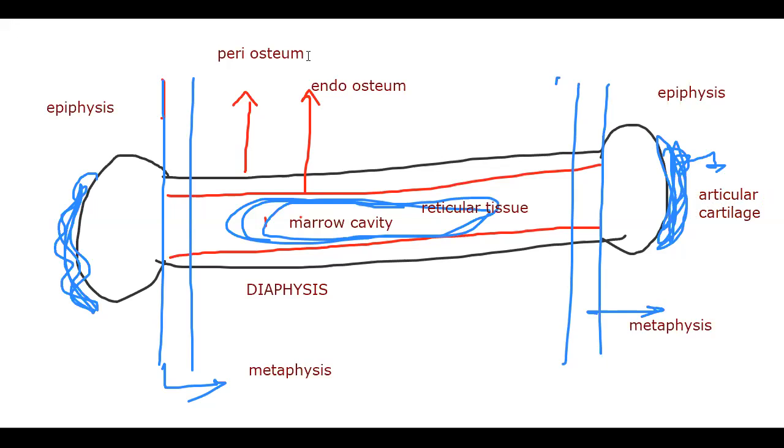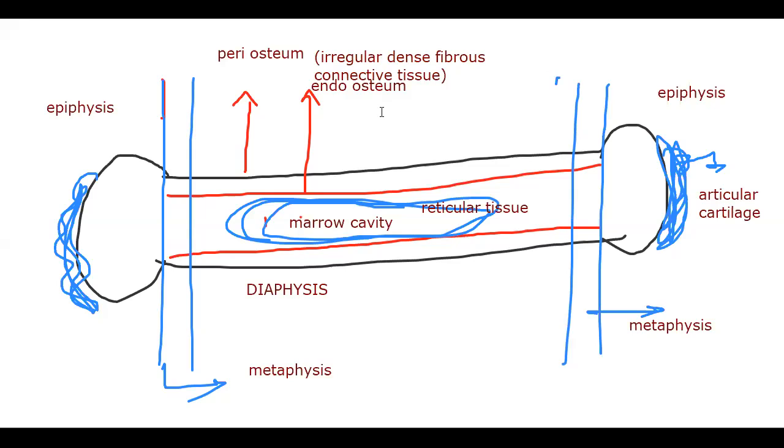The periosteum and endosteum both are made up of irregular, dense, fibrous connective tissue, so we are talking about various tissues in one place.